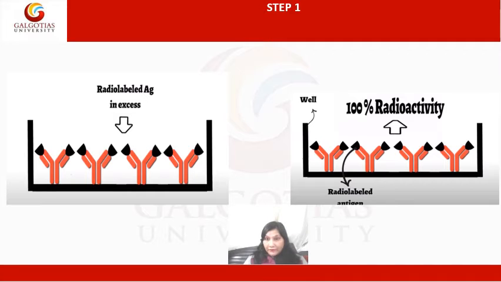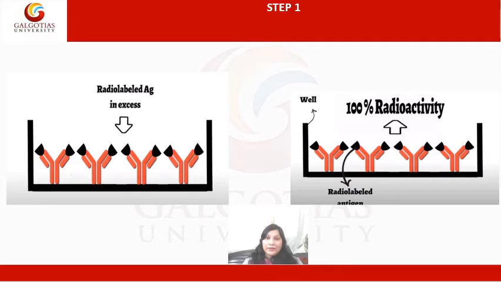Now let's see what we have to do in step 1. In step 1, we have to coat a microtiter plate with anti-A monoclonal antibodies, the antibodies that can bind with antigen A to form precipitin band. After this, we will add radio labeled antigen in excess. The radio labeled antigen has been added to this microtiter plate pre-coated with antibodies.